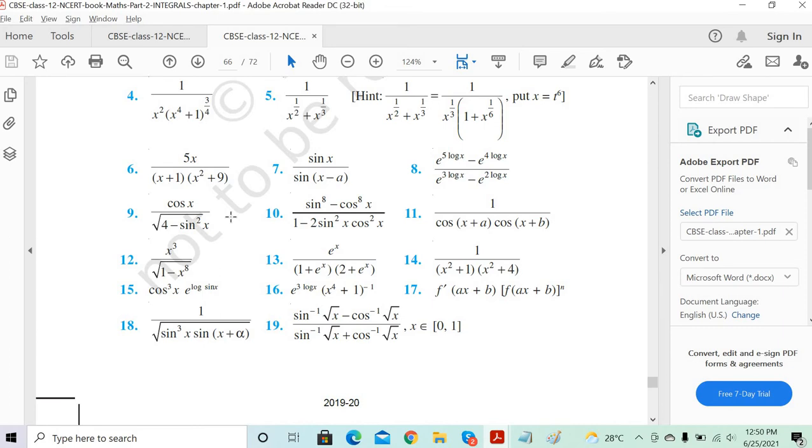The ninth one is straightforward. I don't want you to do the ninth one, because you just put sin x as t and you'll get the answer. That's a direct formula, no need to do it. Do the 10th question, which is different.